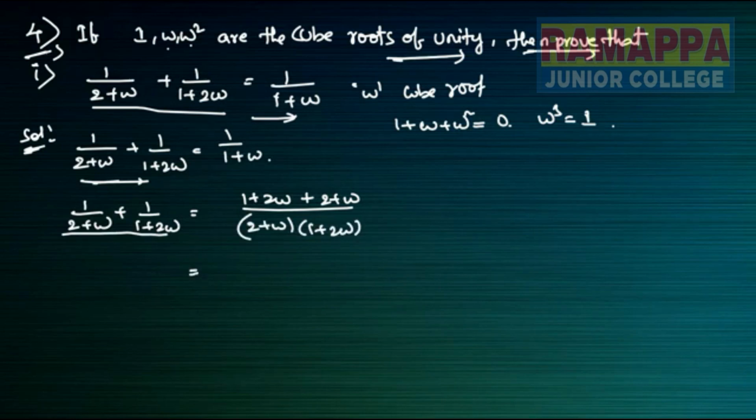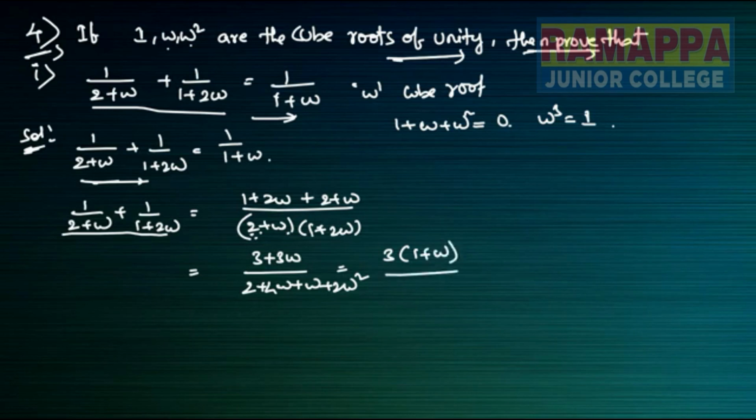This becomes 3 plus 3 omega divided by 2 plus 4 omega plus omega plus 2 omega square. So it is 3 into 1 plus omega divided by 2 plus 2 omega plus 2 omega plus omega square.